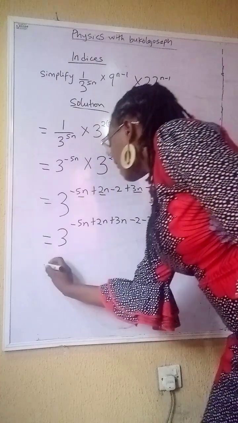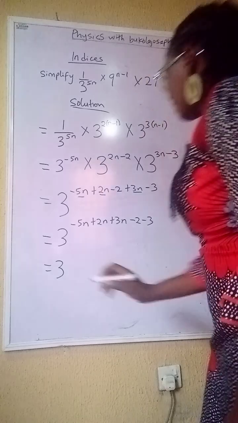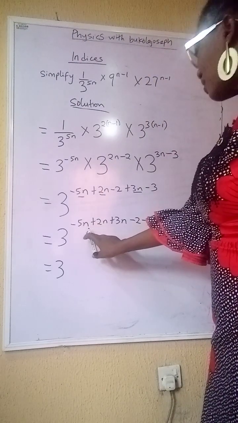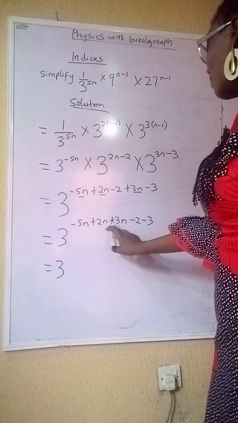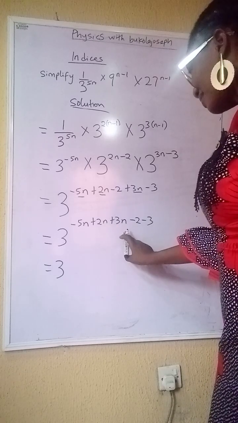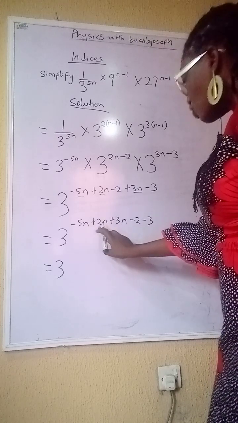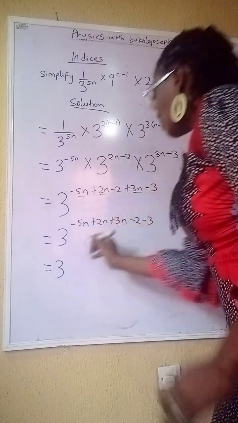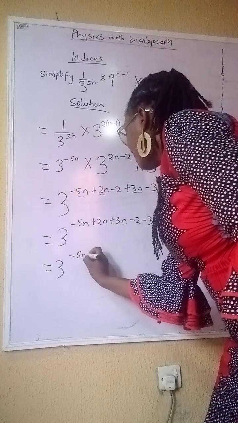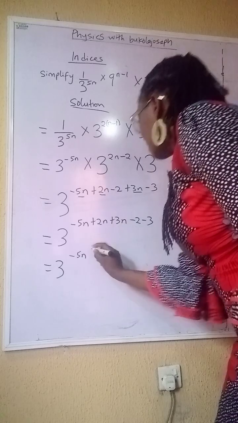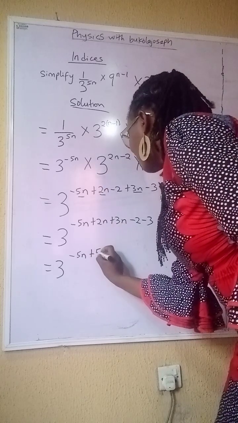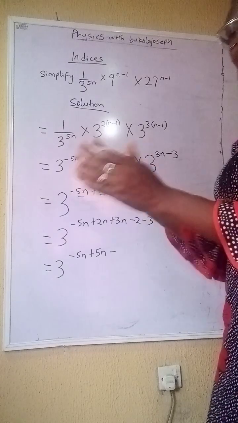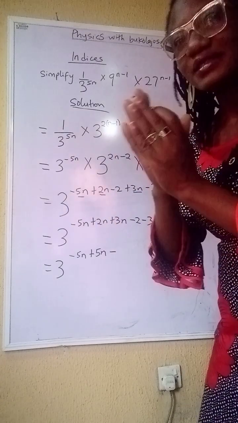Let's further break this down: minus 5n plus 2n plus 3n. Let's sum the ones with positive signs together first: 2n plus 3n is 5n, so we have minus 5n plus 5n.